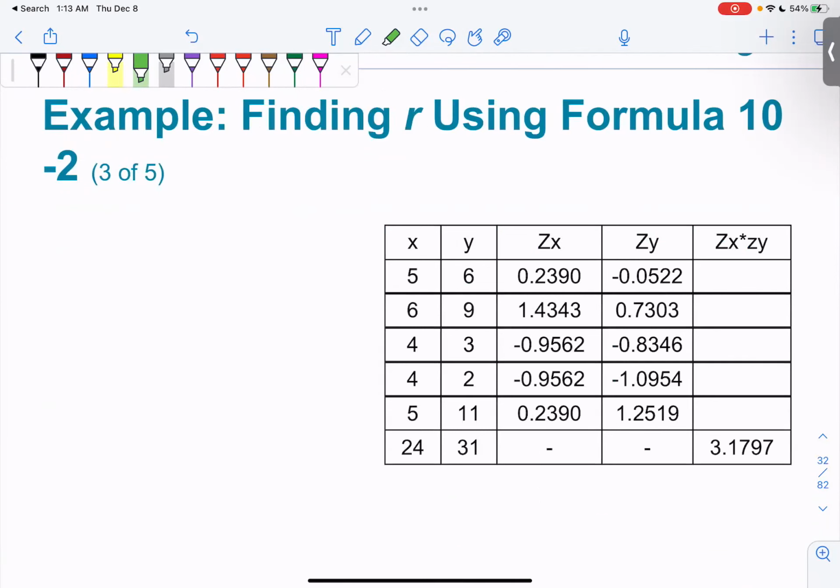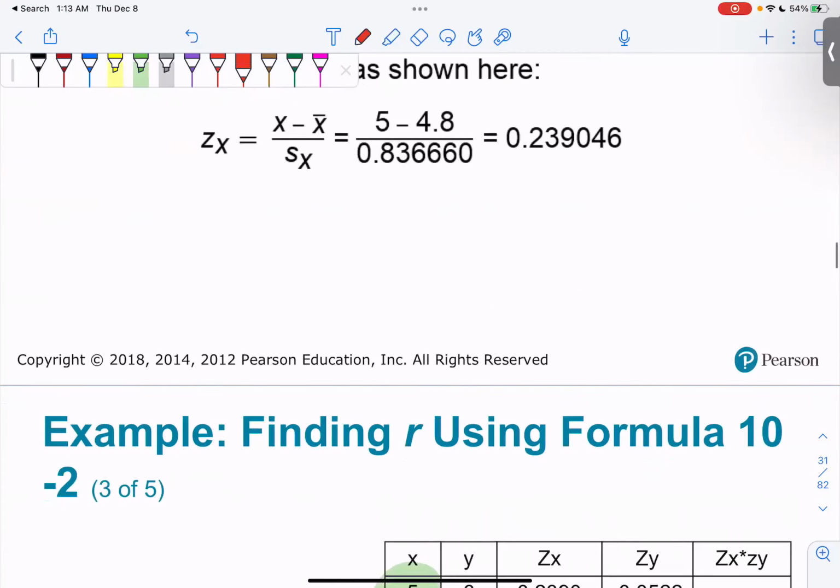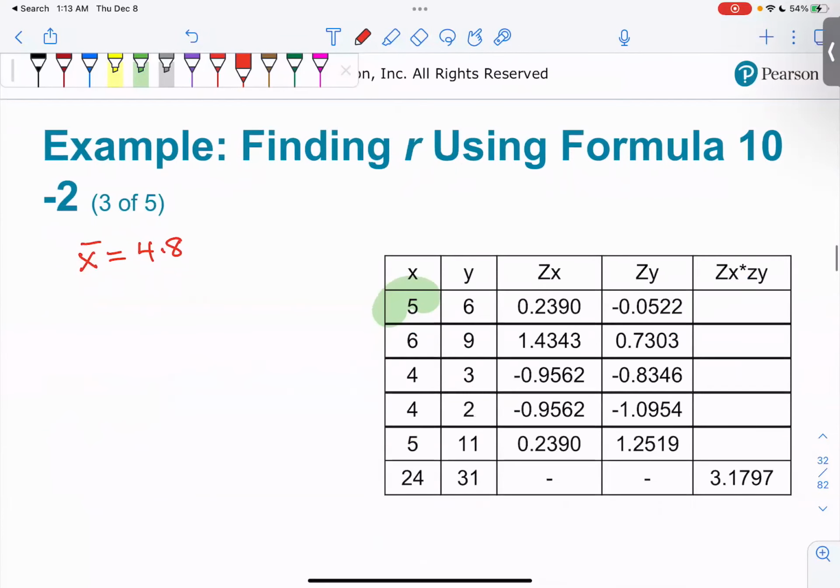So for each value here, so let's see. So x bar equals 4.8, right? So for each single value, let's take the first one here, it will be z x equal to x minus x bar divided by sx.